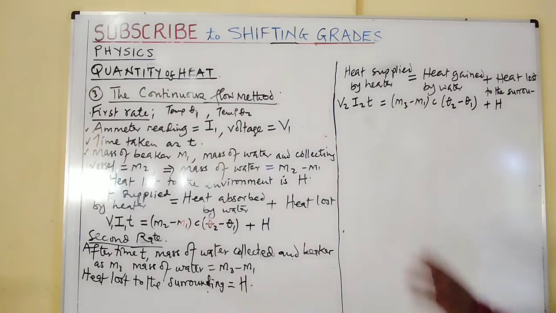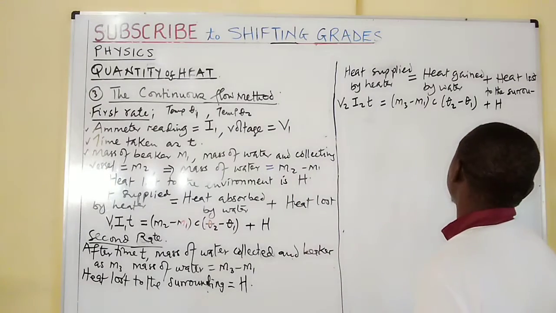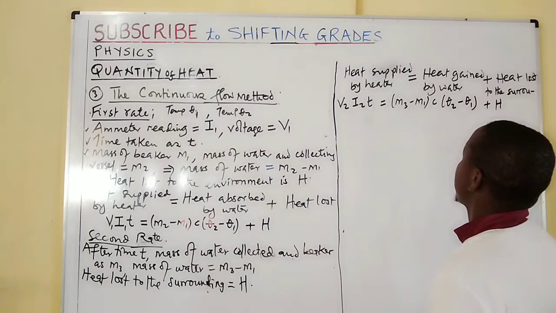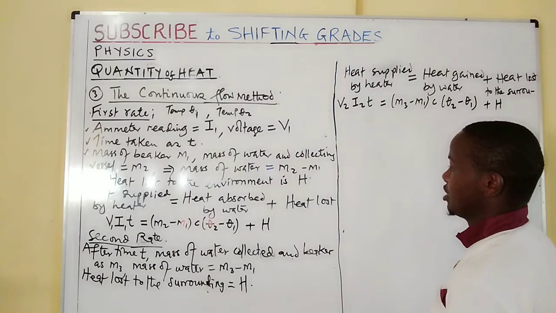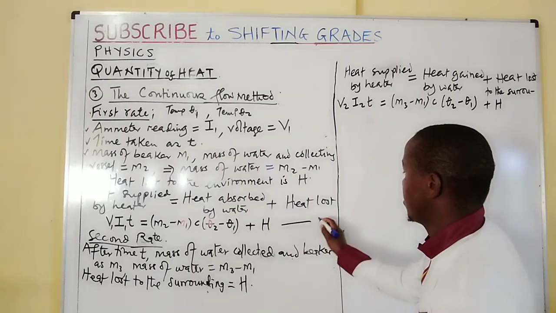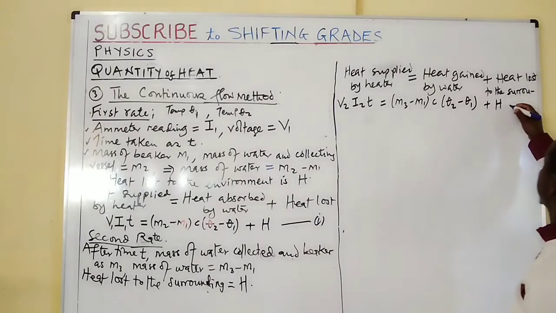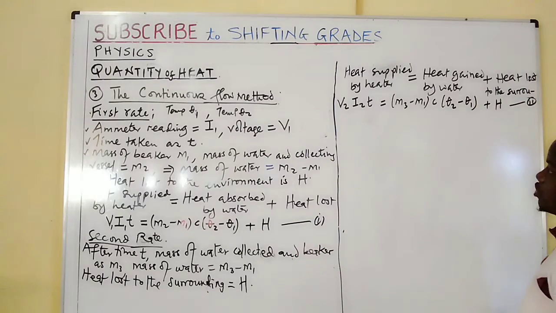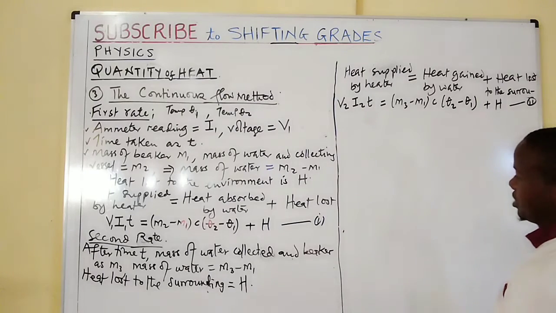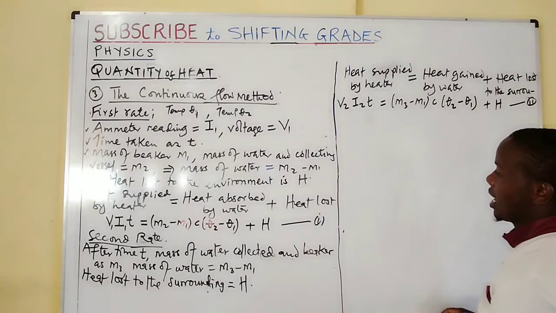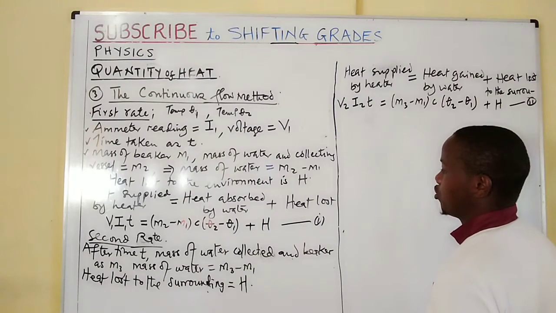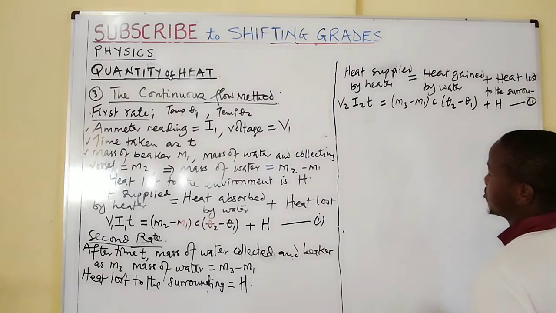Now because the heat lost to the surrounding is the same, we can subtract these two, the first one and the second one. Therefore we can have the two equations subtracted.